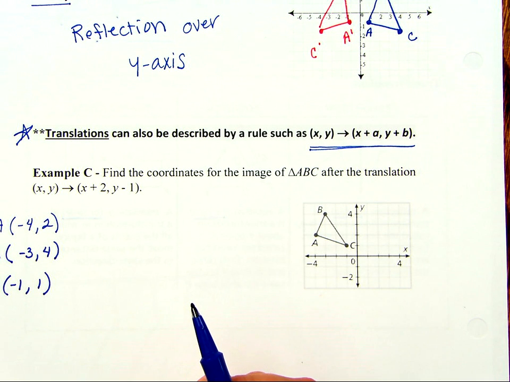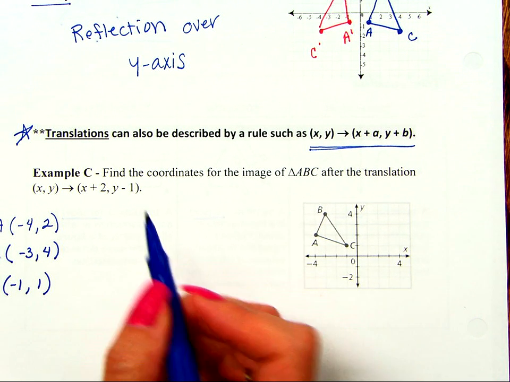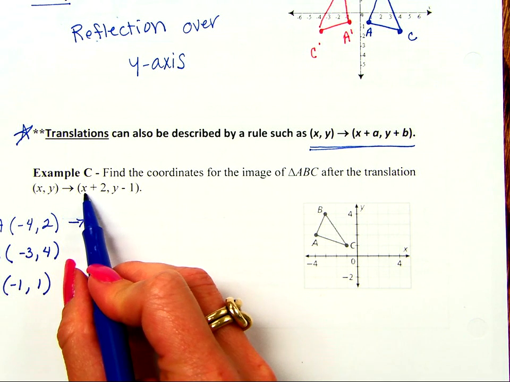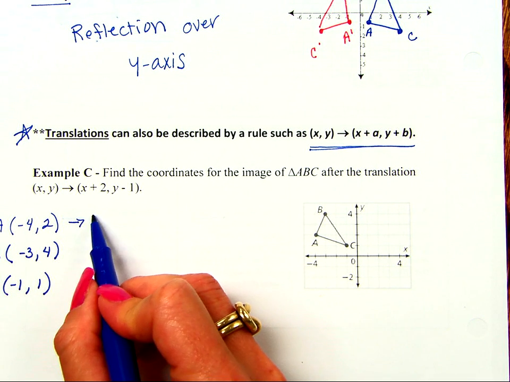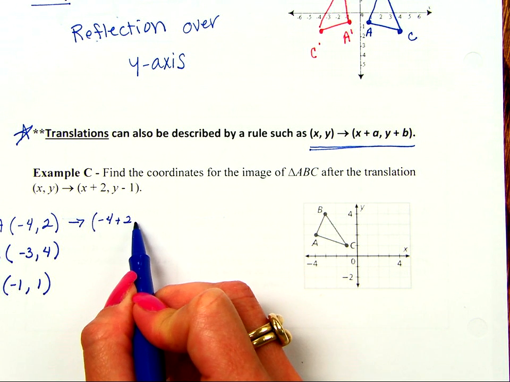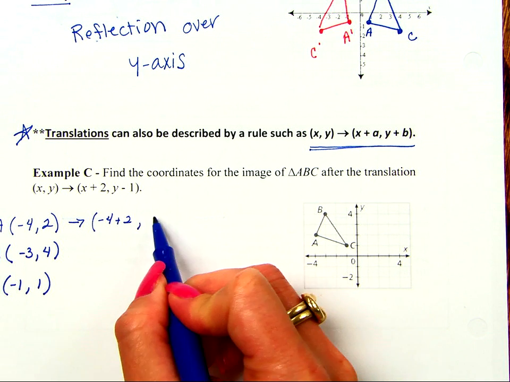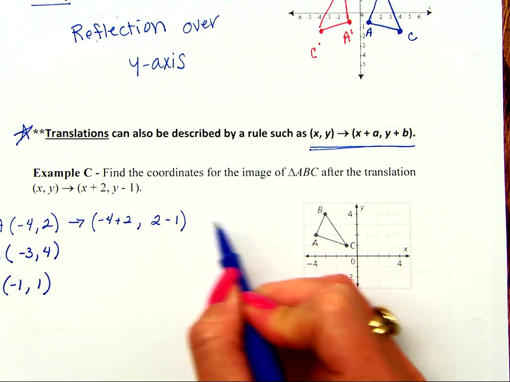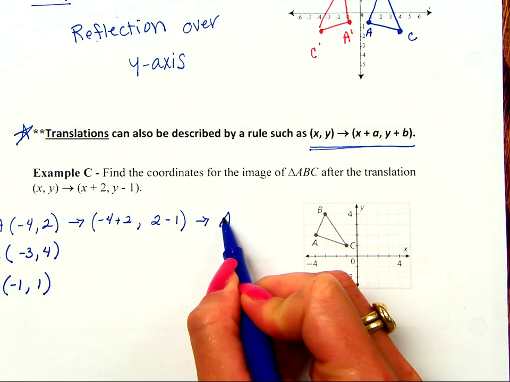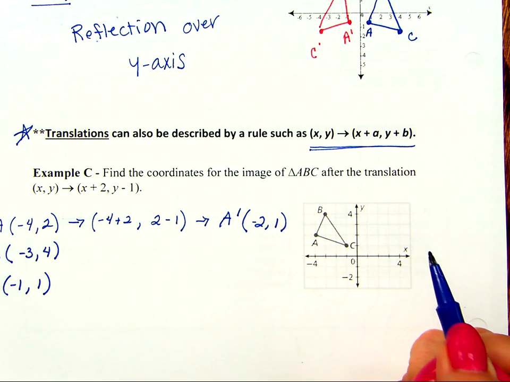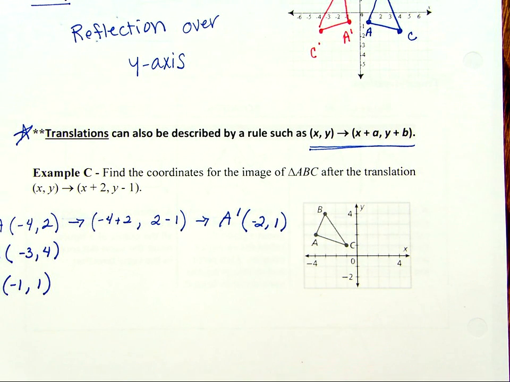Now really, I could find my new coordinates algebraically just by substituting in. Using my rule, I can see my x coordinate is going to be added 2. So I'm going to take -4 plus 2. And my y coordinate is going to be changed by the rule, which would give me the result of A prime being at (-2, 1). So we're simply plugging it in for x and y.